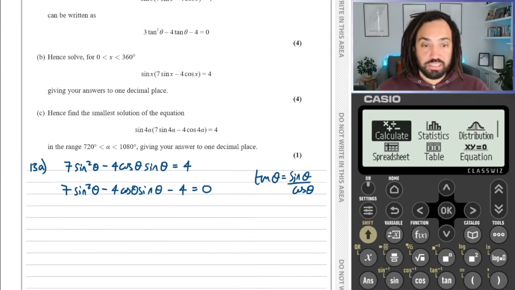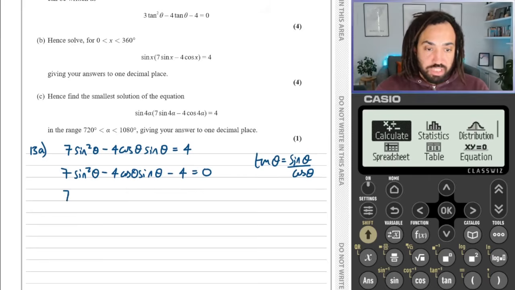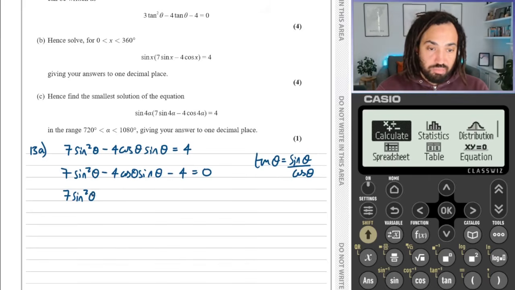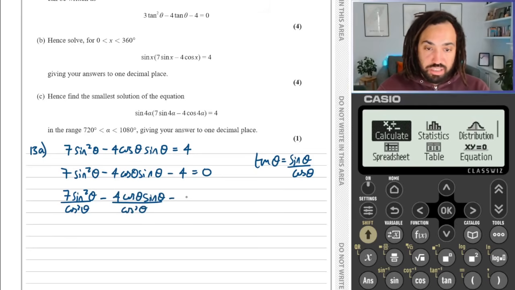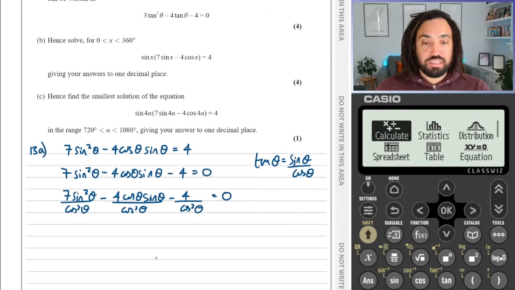Let's see what we get. Dividing by cos squared, like so, it's going to give us this, and this, and this.